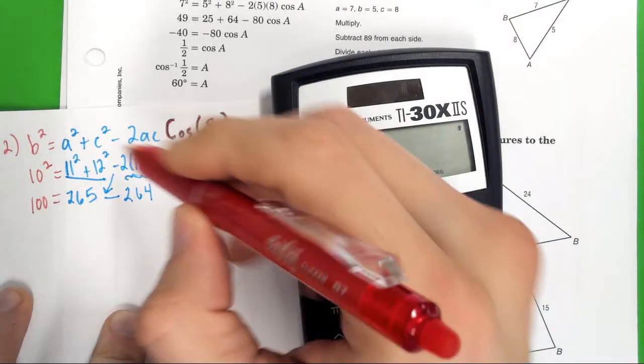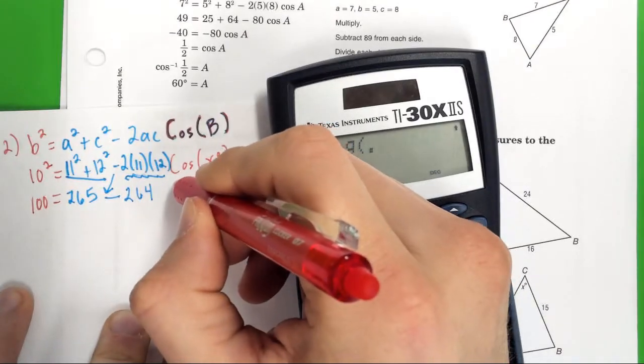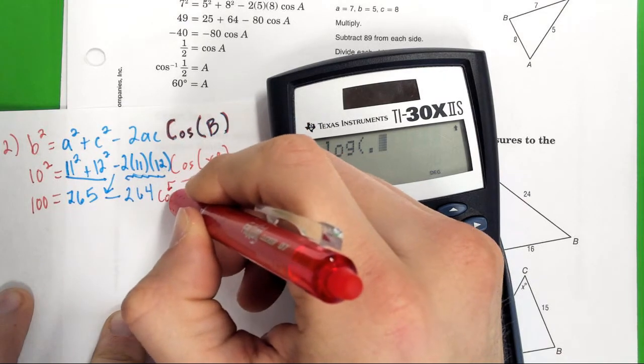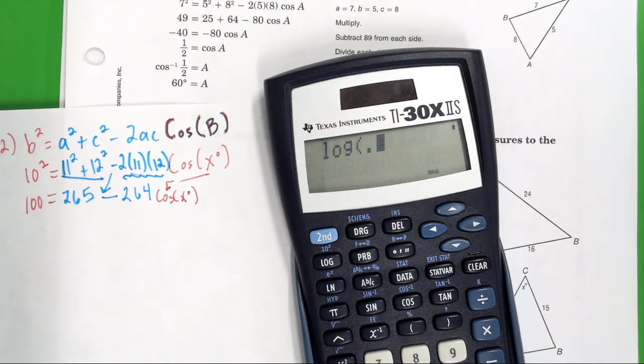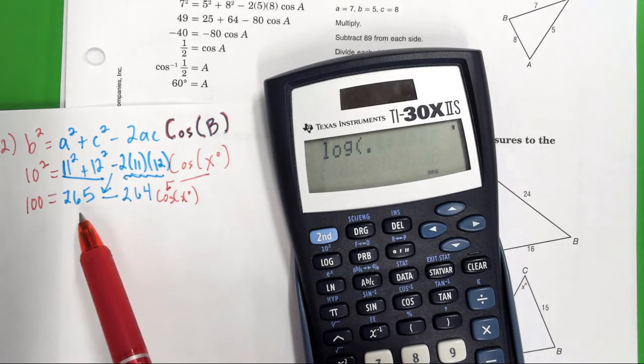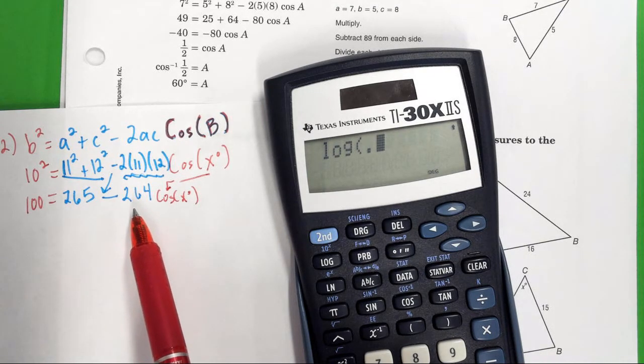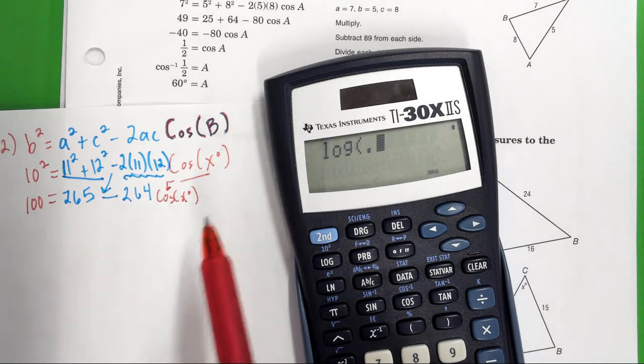And then bring down your cosine of x degrees. Okay, here's where people mess up every single time. They want to say 265 minus 264 is 1, and then times cosine x.